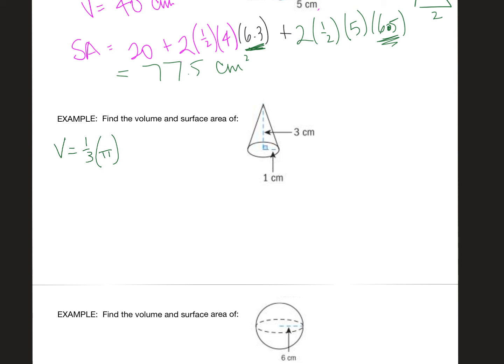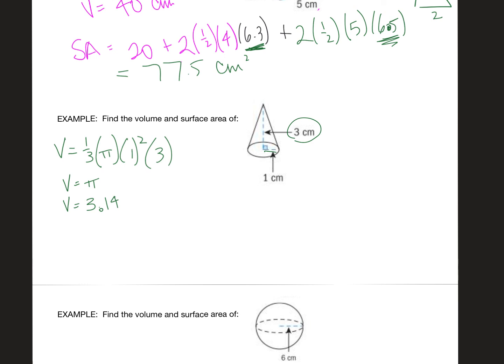The radius here is a 1, so let me put a 1 in there and square that. And then the 3 is the height, which again was given. If you plug all that in, you get pi, which is very accurate, but if we're rounding to 3 significant figures, it would be 3.14.